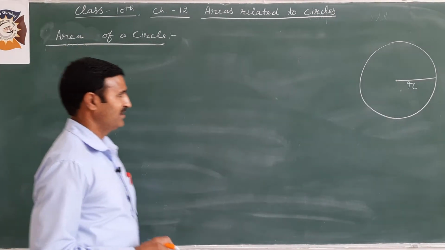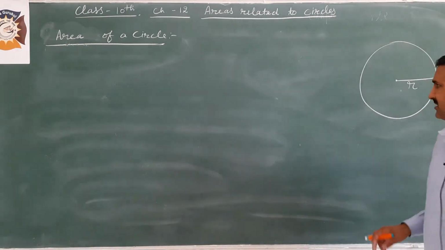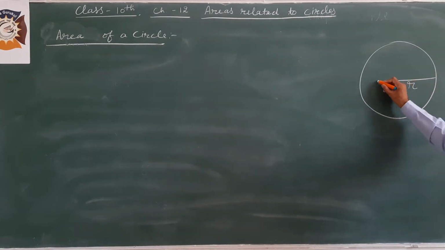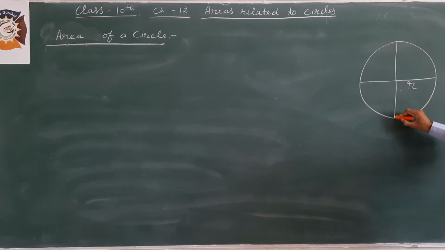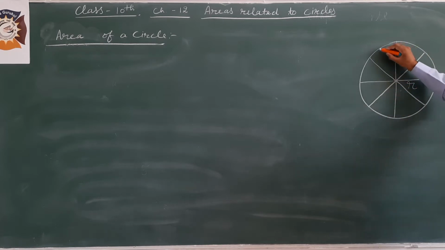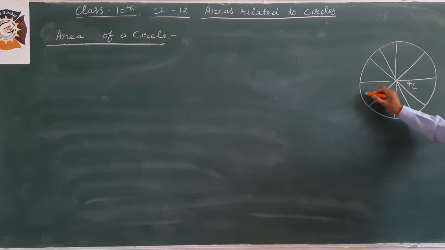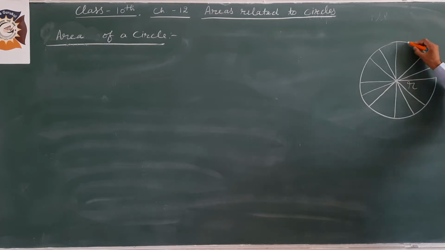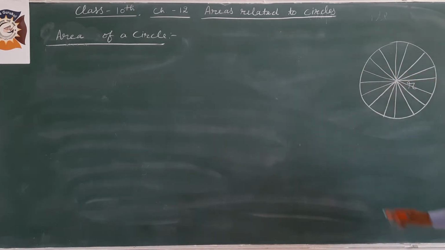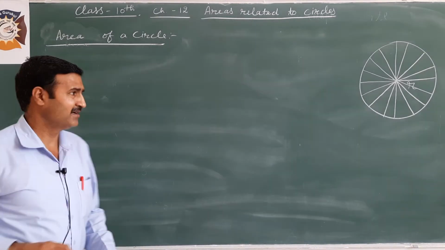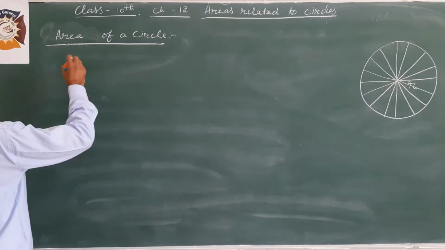If the circle is divided into some small parts by dividing the diameters of the circle, or you can say into many sectors, and these sectors are arranged in a particular manner.